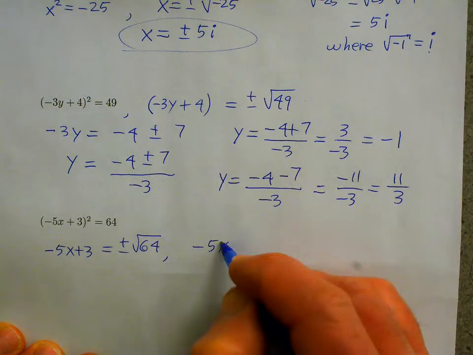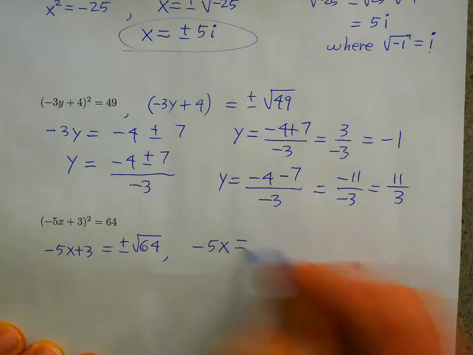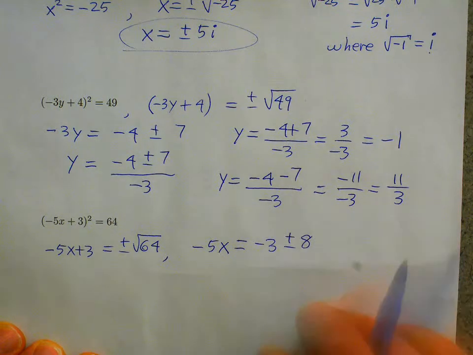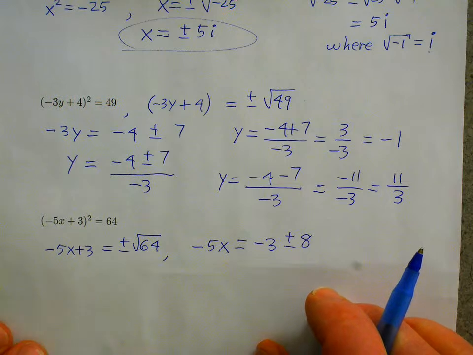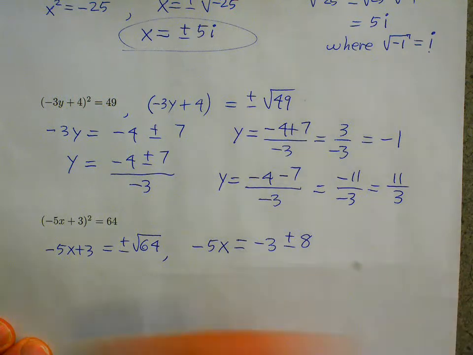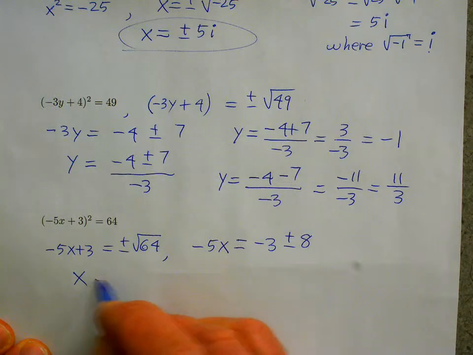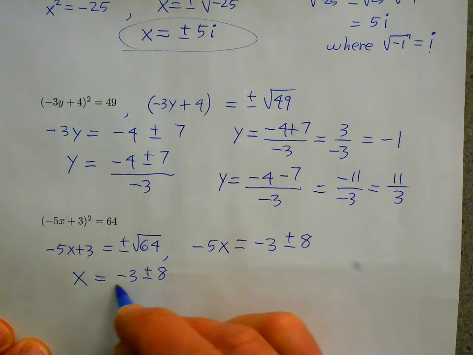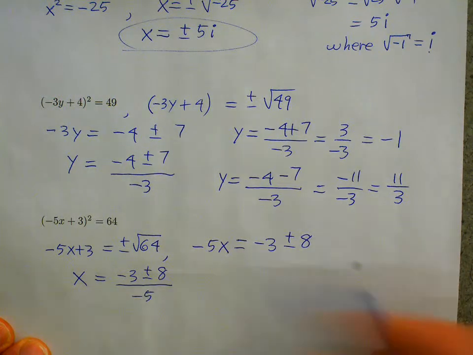Then -5x equals -3 plus and minus 8. Then divide everything on both sides by -5. x equals -3 plus and minus 8 divided by -5.